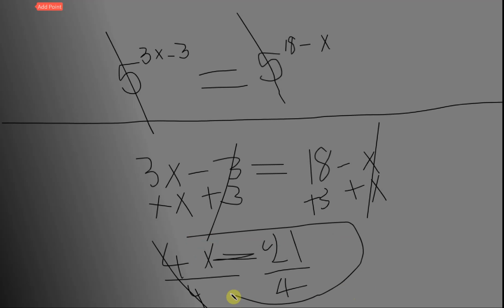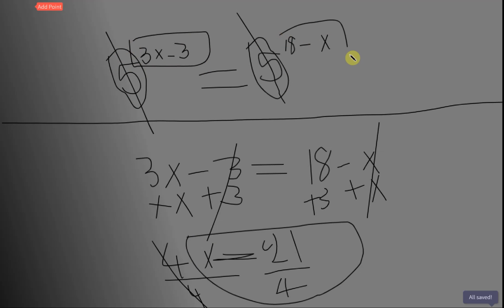So next time you have something in the exponents and they have the same base, just take these out, and then you're left with this thing and this thing. Then you use your knowledge of linear equations and solve it.